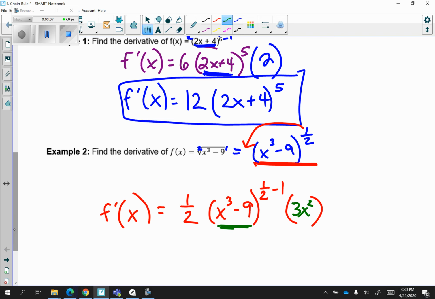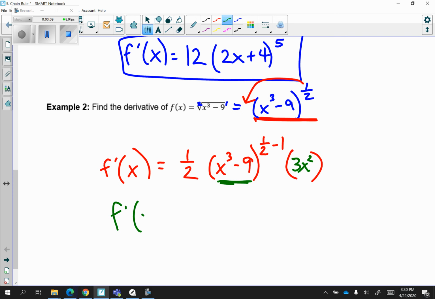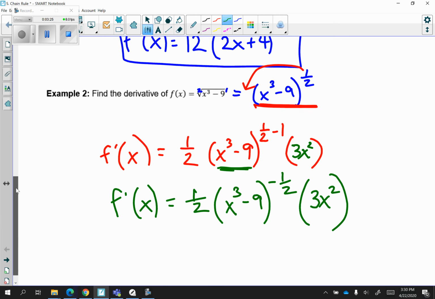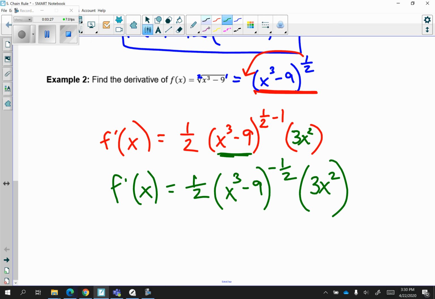So let's rewrite this again. F prime of x is equal to 1/2 times x cubed minus 9 to the negative 1/2 times 3x squared. Now let's put this all together. So remember that x to the third minus 9 to the negative 1/2, I can rewrite that. So I'm going to leave the 3x squared in the numerator.